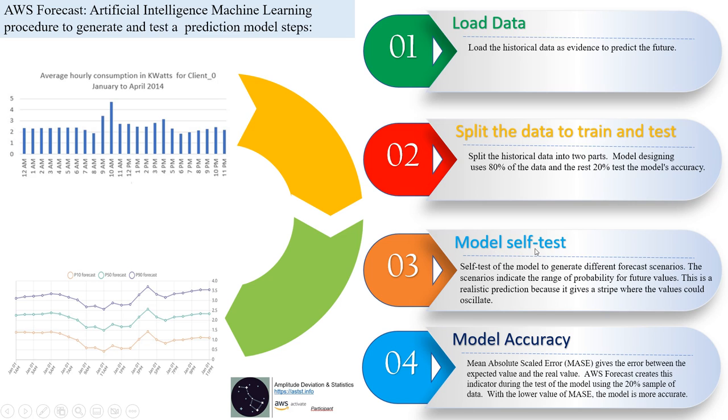Then the model will make a self-test to generate different forecast scenarios. These scenarios indicate the range of probability for future values, and will also give the model accuracy using the mean absolute scaled error, which gives the error between the expected value and the real value. AWS Forecast creates these indicators during the test of the model.